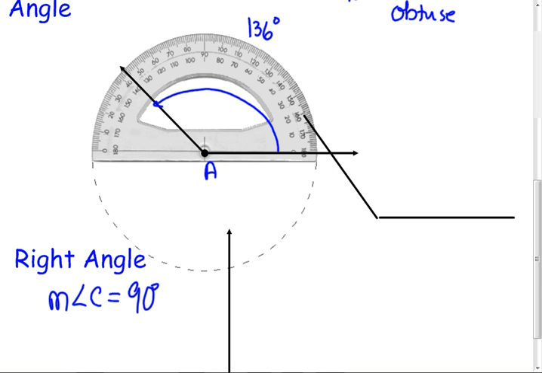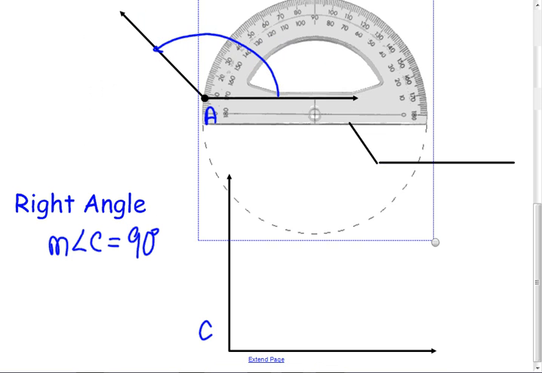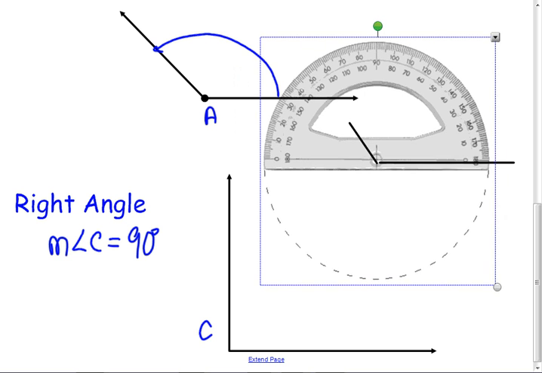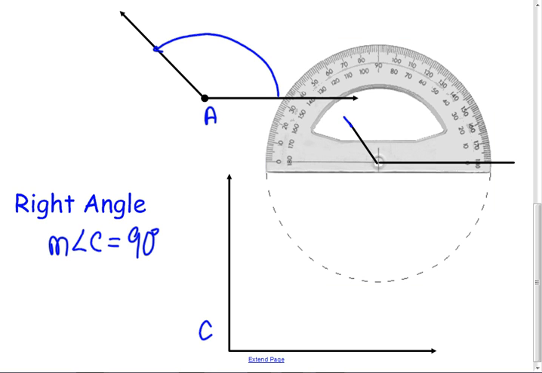Actually, I'm going to show you what I mean by you might have to extend it. Let's say I want to measure that angle, right? Doesn't fit. So I'm going to bring this over here, and I'm going to put that right on the line there. I don't know where it goes, so I'm going to have to take my pencil and draw this.